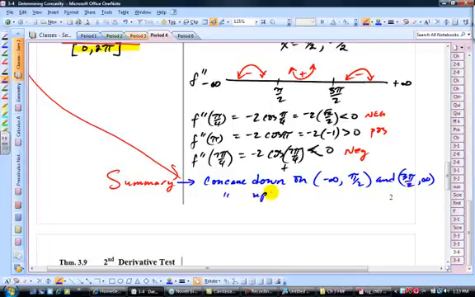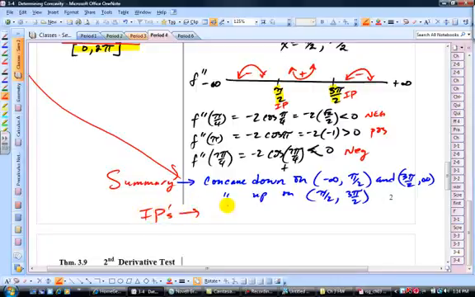It's concave up on only 1 interval, from pi halves to 3 pi halves. Question is, do you have inflection points at pi halves and 3 pi halves? And the answer is yes in both cases, because there's a change in concavity from down to up and then from up to down. So this becomes an inflection point, and so does this one.